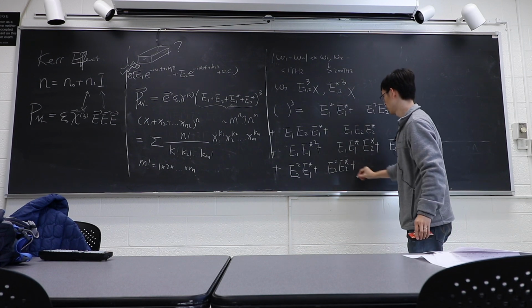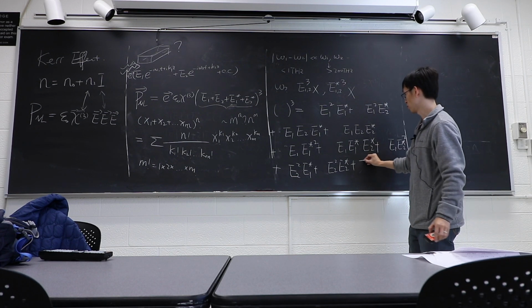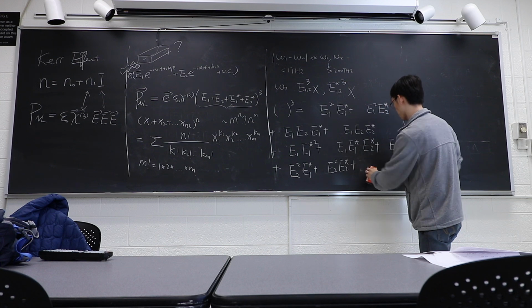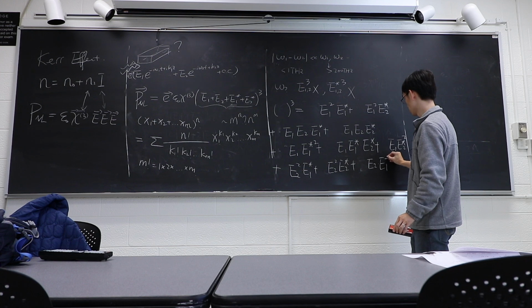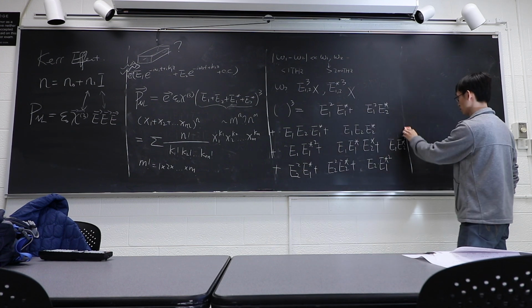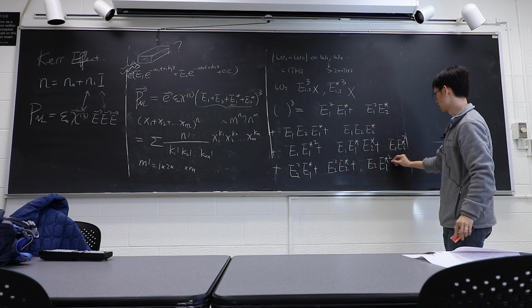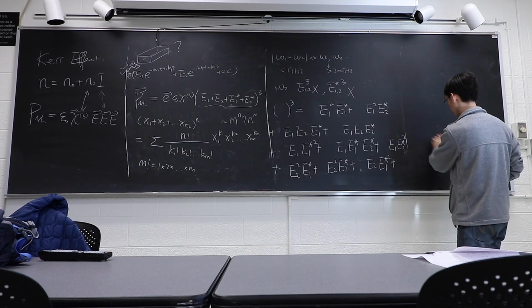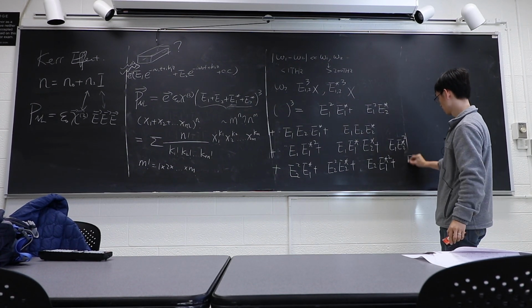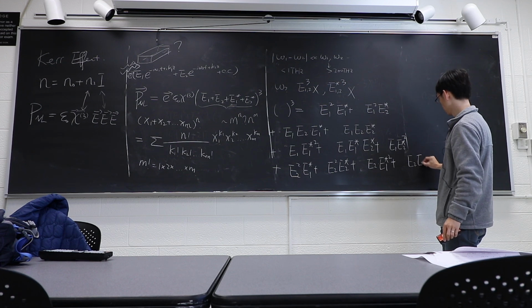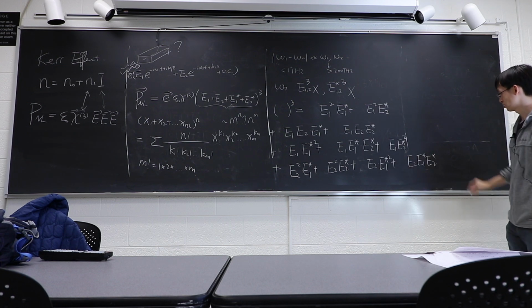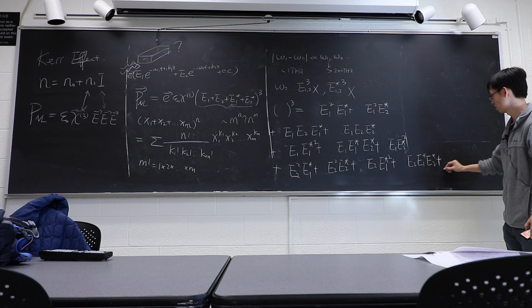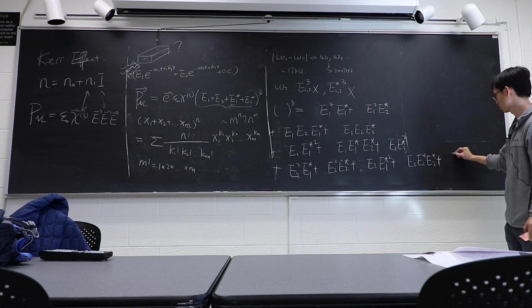And then you can pick only one E2, and you can get E1 star square. And then if you only pick up one E1, then you have to pick up an E2 star. And finally, if you don't pick up E1 star, then you will have E2.